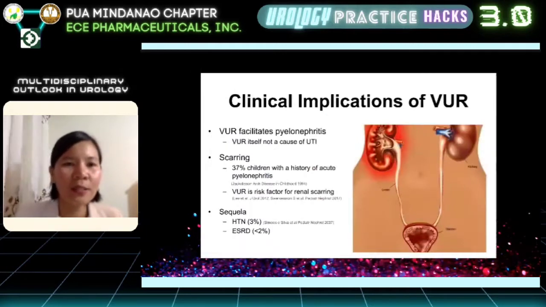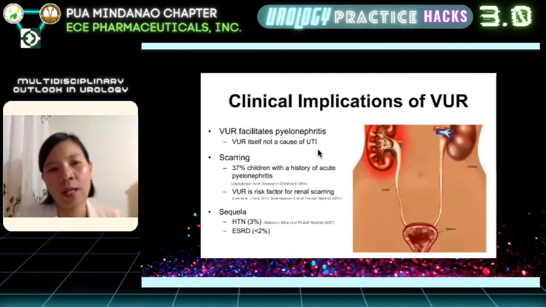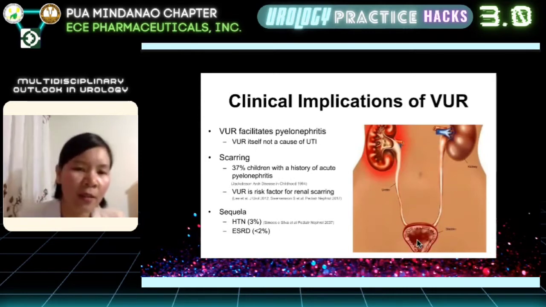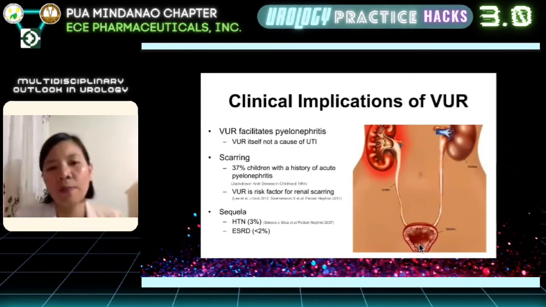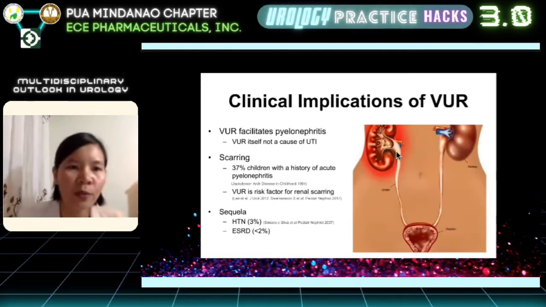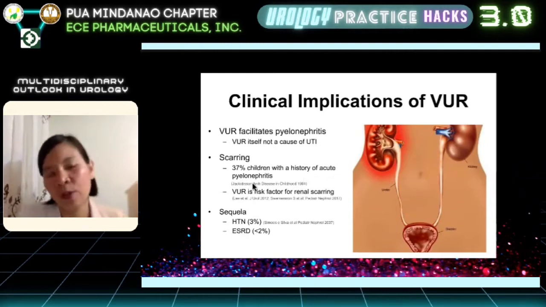So what is the importance of VUR and UTI? VUR per se is not a cause of UTI, but the presence of VUR with UTI facilitates pyelonephritis. So it facilitates the going of bacteria from the bladder to the kidney. And if you can see here, not all of the patients who had history of acute pyelonephritis will eventually have scarring.